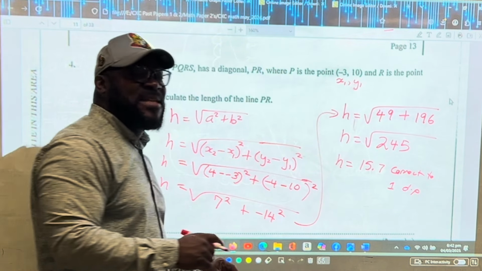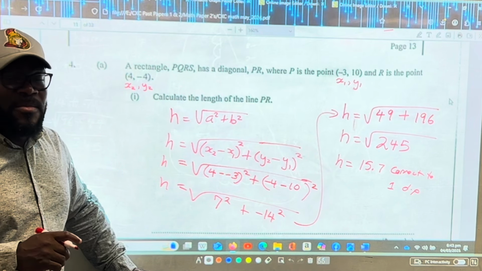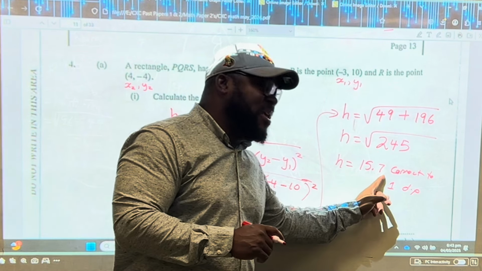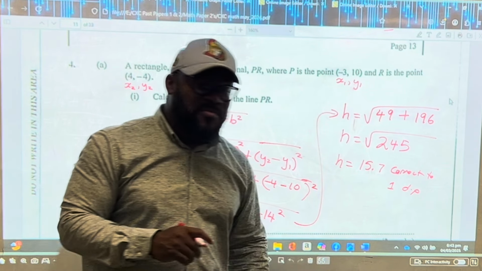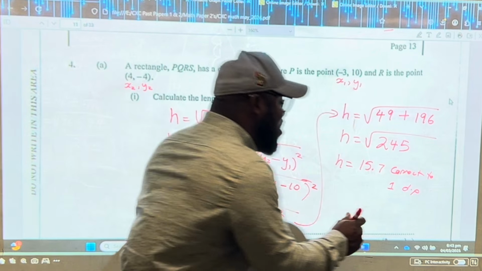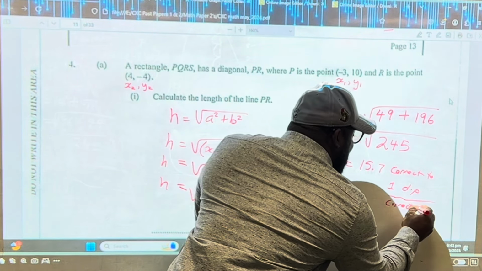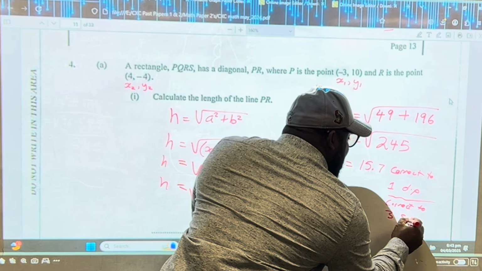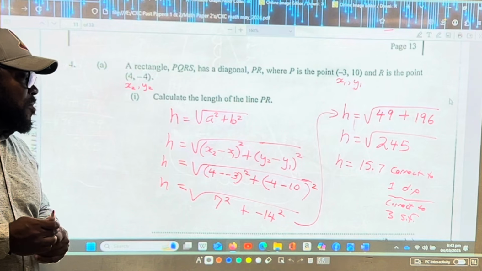How many significant figures is that? That is 3. That's 3 significant figures there. So another way, instead of doing 1 decimal place all the time, we might just say it's correct to 3 significant figures. Okay?